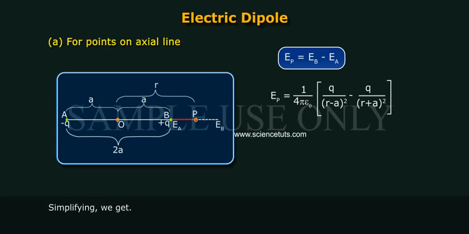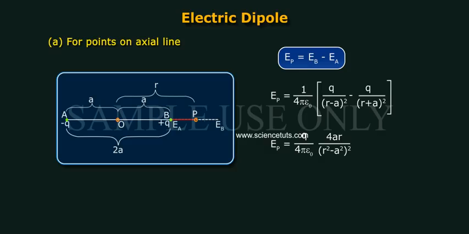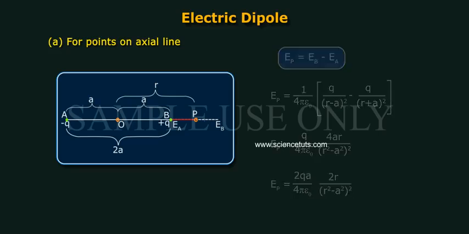Simplifying, we get EP is equal to Q by 4 pi epsilon naught, 4AR by (R square minus A square) whole square. EP is equal to 2Q by 4 pi epsilon naught, 2AR by (R square minus A square) whole square.